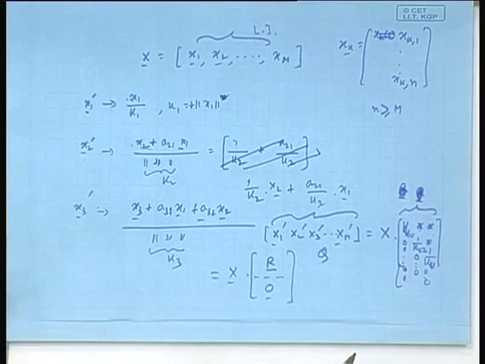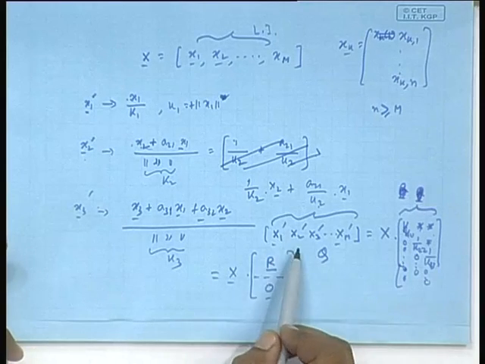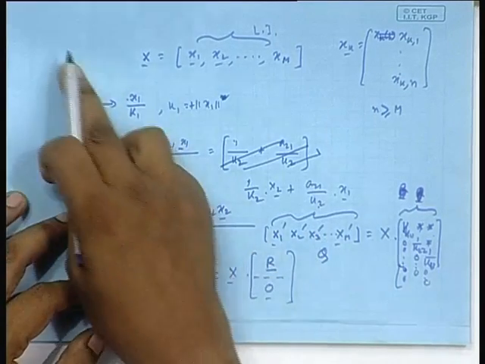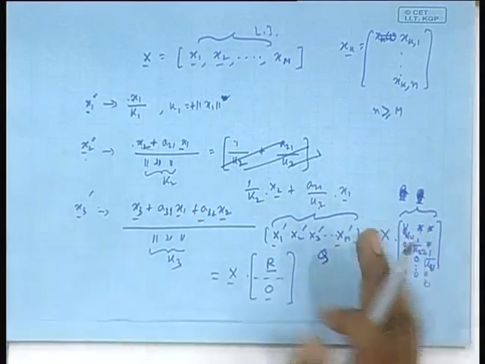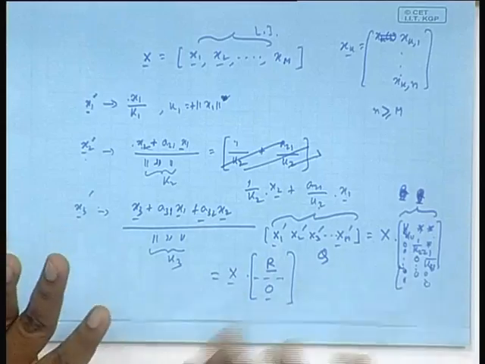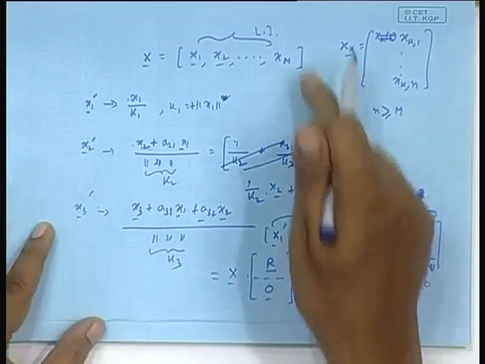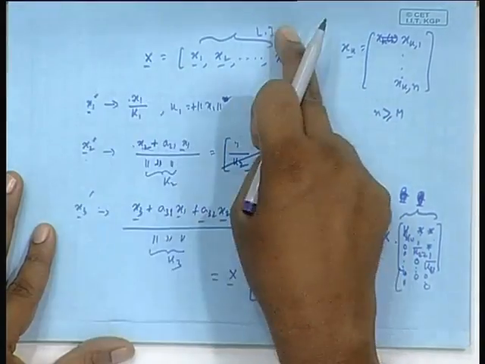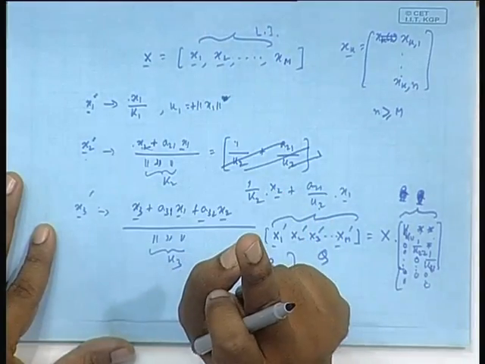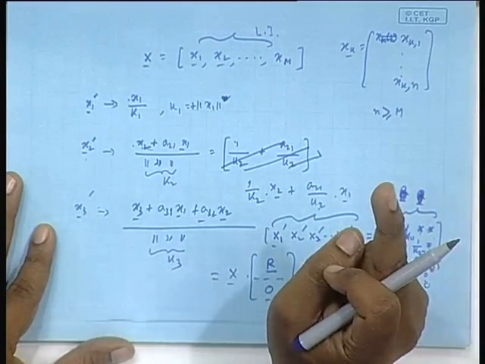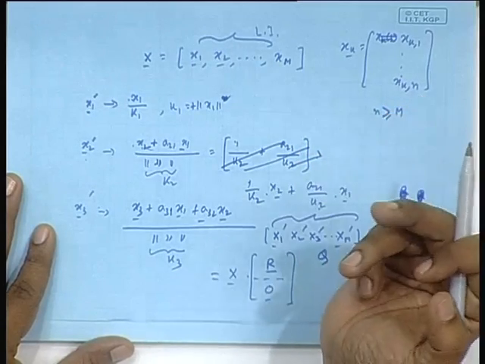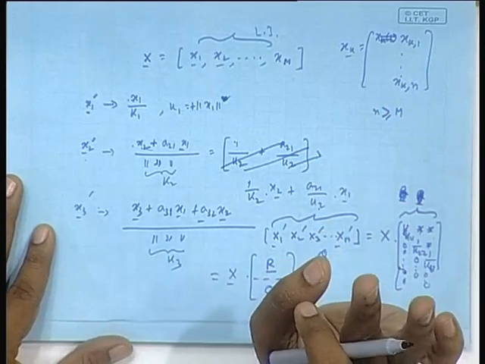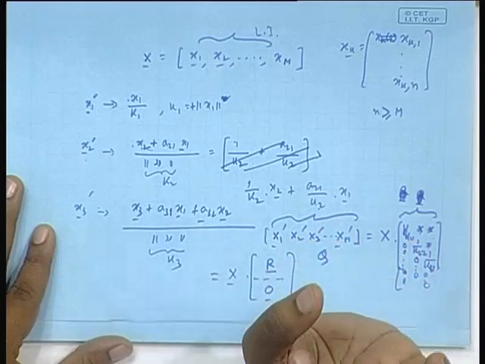Q Hermitian Q means this column will come as row with Hermitian. All are real, so Hermitian and transpose are the same, don't bring complex here. Here you have got the x 1 prime vector, here the corresponding row vector, their product will be 1. Identity matrix, isn't it?